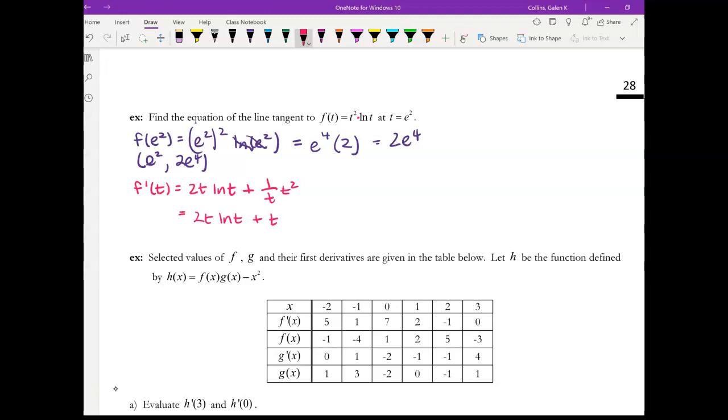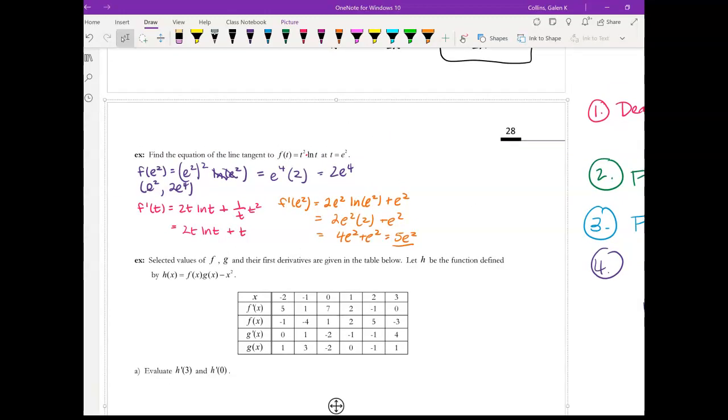Now if I want f prime of e squared, I substitute e squared for t in my derivative function. So 2e squared times the natural log of e squared plus e squared. That becomes 2e squared times 2 plus e squared, which is 4e squared plus e squared, which simplifies to 5e squared.